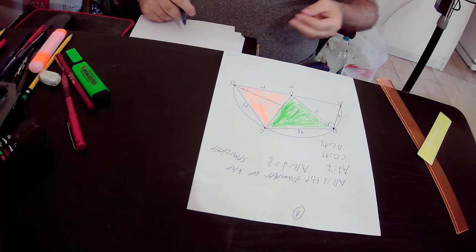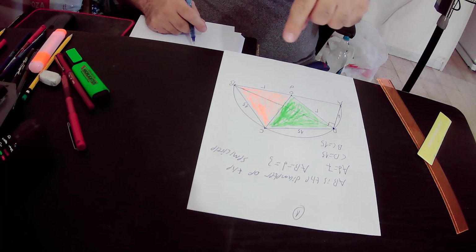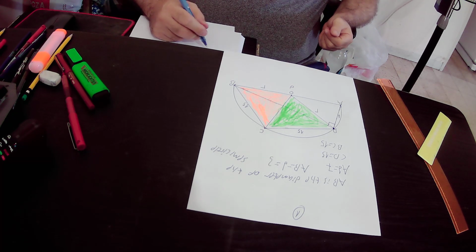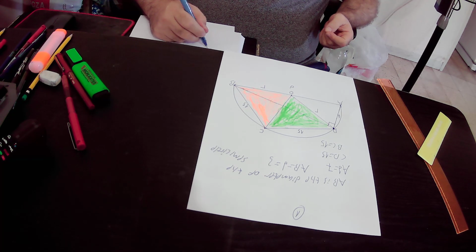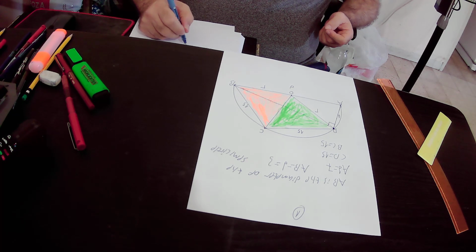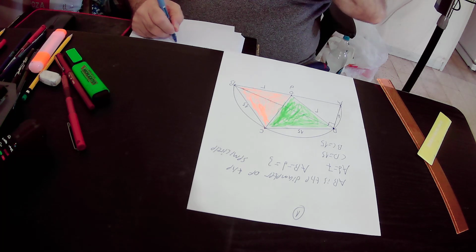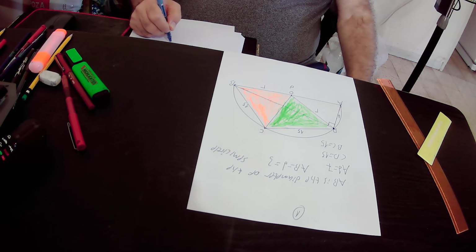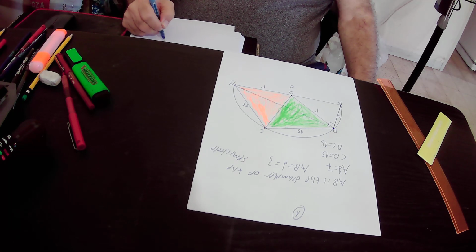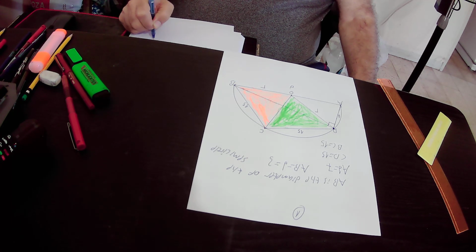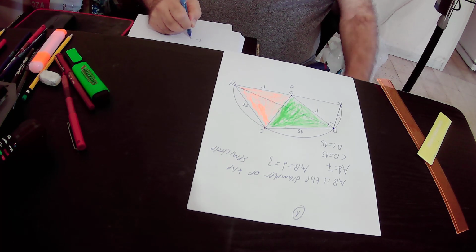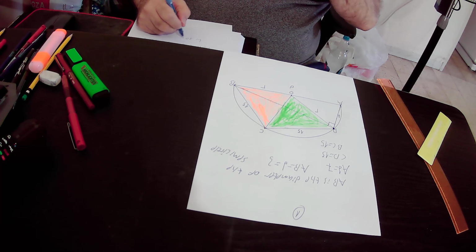Therefore, we can deduce that the green triangle COD is congruent to the orange triangle OCB.